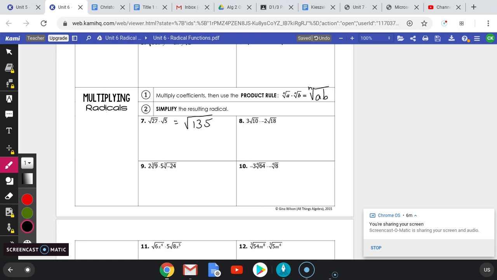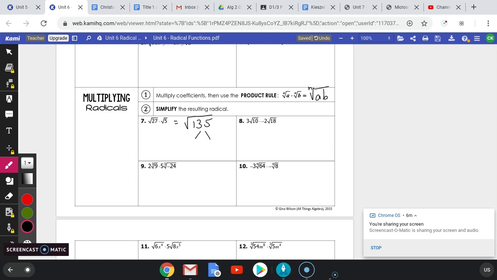Well, now I go about what I did before, which is to see if it needs to be simplified. What is the biggest perfect square that goes evenly into 135?